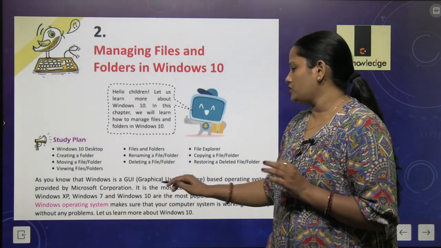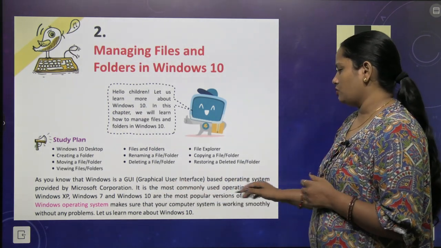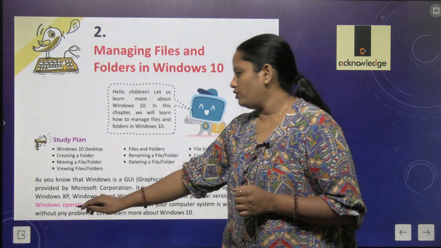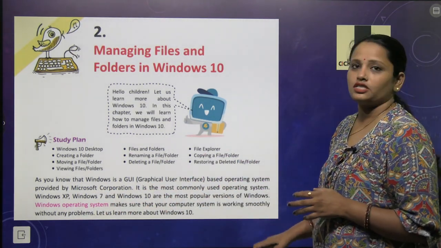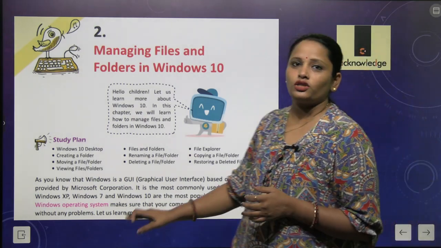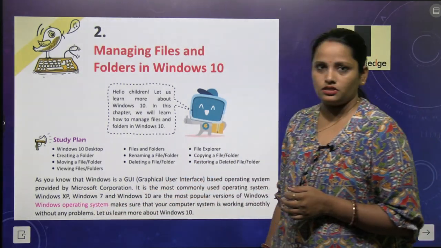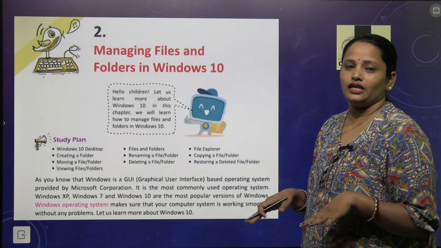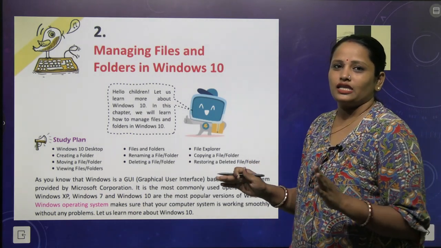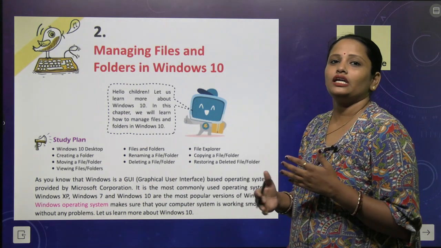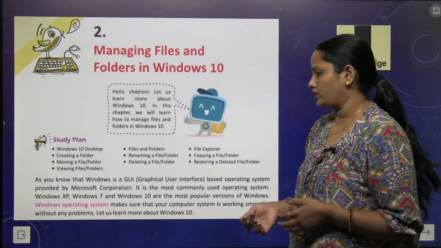Okay, now Windows 10, these are the most popular versions of Windows. Windows operating system makes sure that your computer system is working smoothly without any problems. So, what is the work of Windows? It keeps in mind that we don't face any problem and we can do our work very efficiently and smoothly.